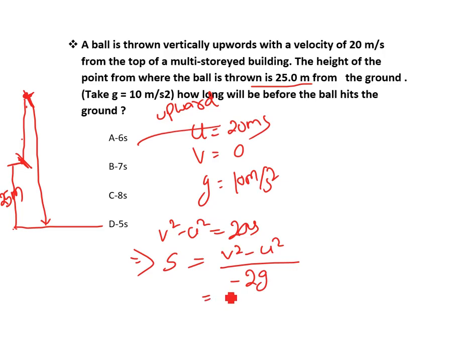So if I put all these values, it is 0 minus 20 whole square divided by minus 2 into 10. So it cancels out. If I solve it, it will become 20 meter. So this height will become 20 meter.